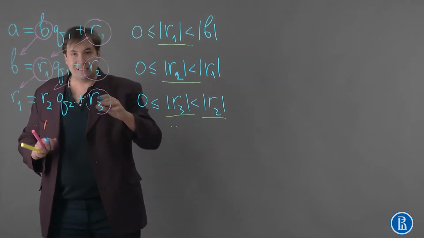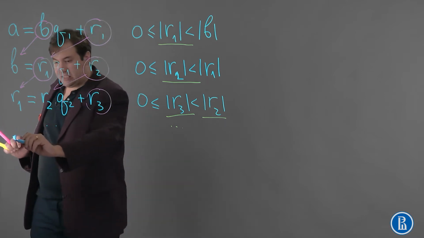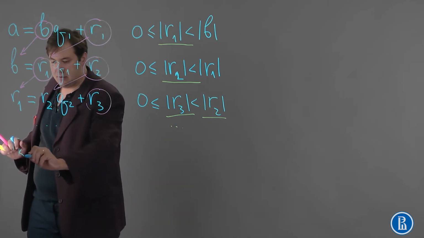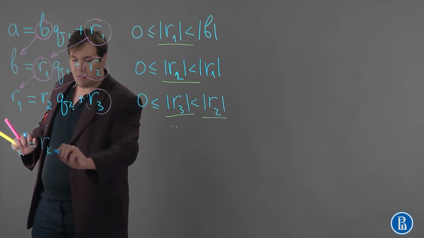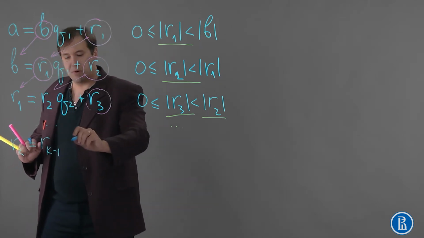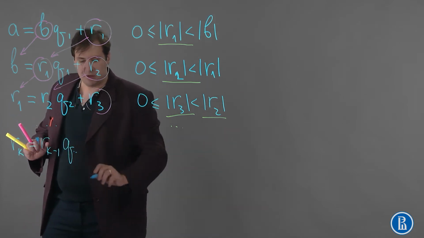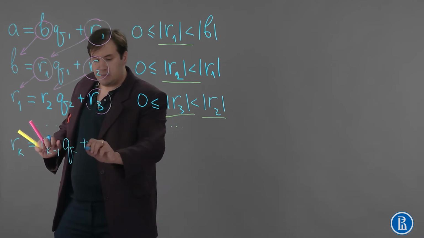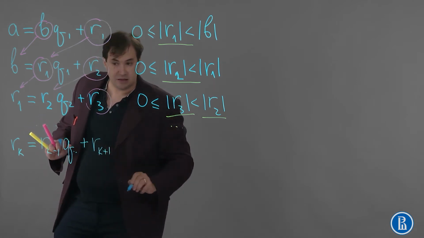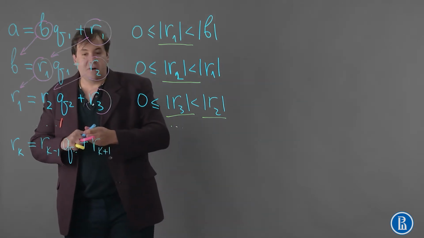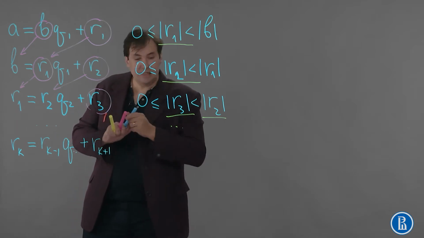Let's find this step where the norm becomes 0. Let's call it the remainder with number k plus 1. We divide R(k-1) by R(k), with some quotient q, it doesn't matter, plus the remainder with number k plus 1, and this final remainder is equal to 0.